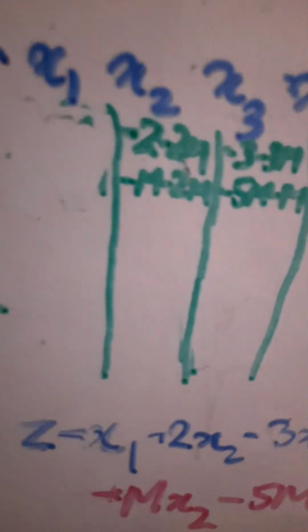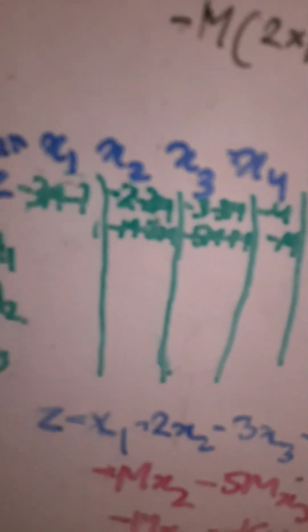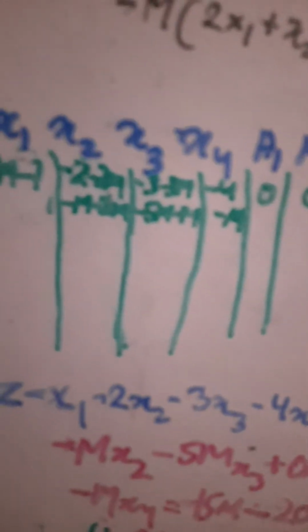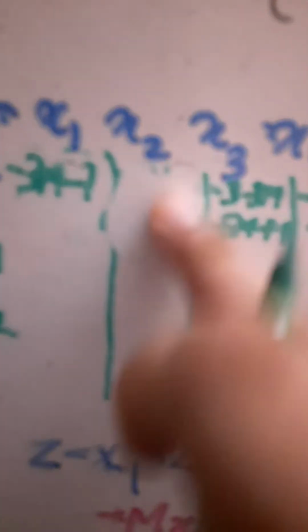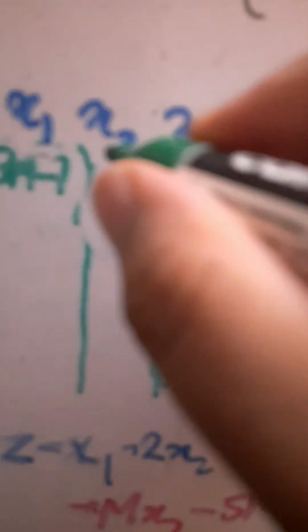We can just operate it here, right? Minus 3m minus 1. Simple. Then minus 2 minus 2m minus m minus 2m would be minus 5m. Minus 5m minus 2. Wait a second. Minus 5m minus 2.